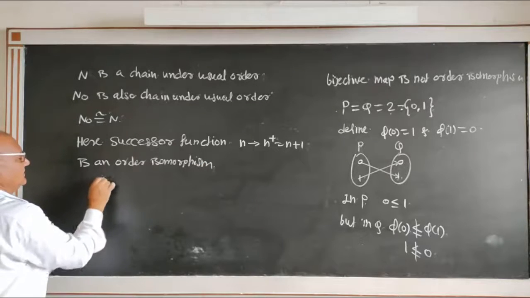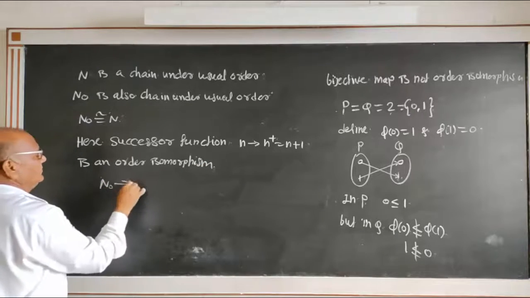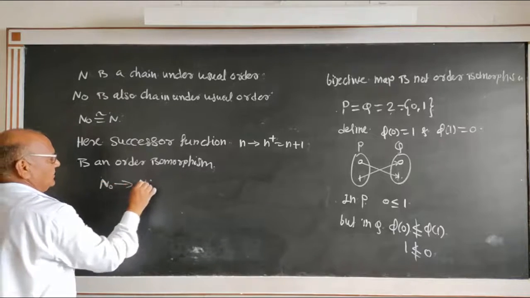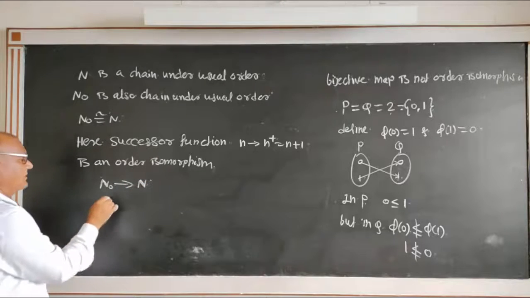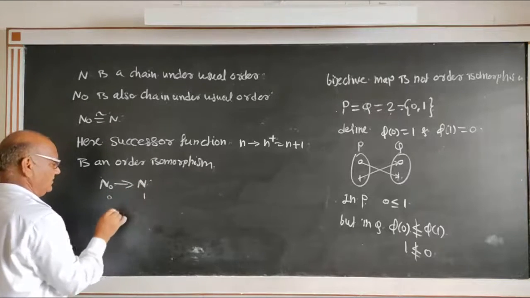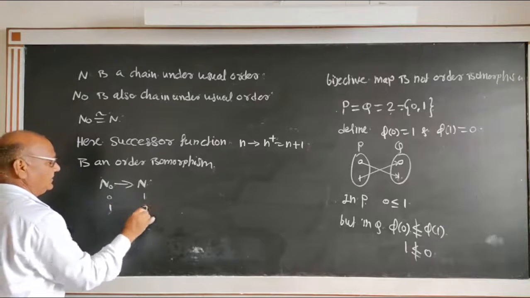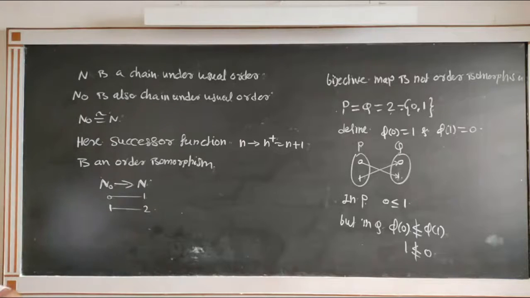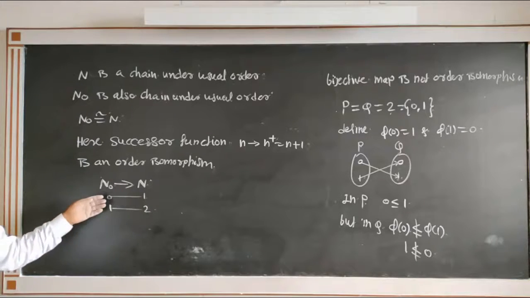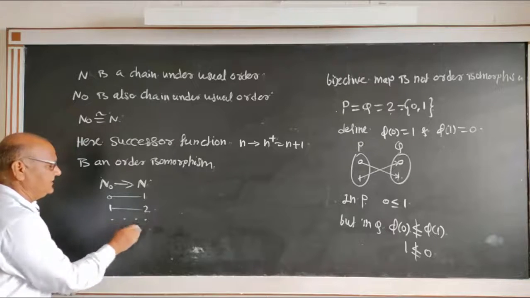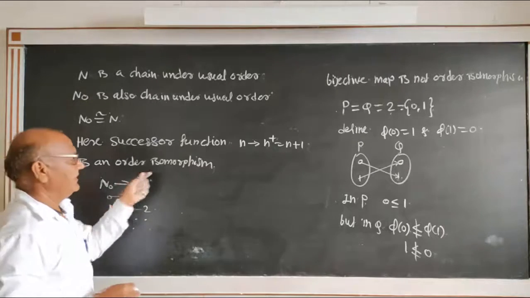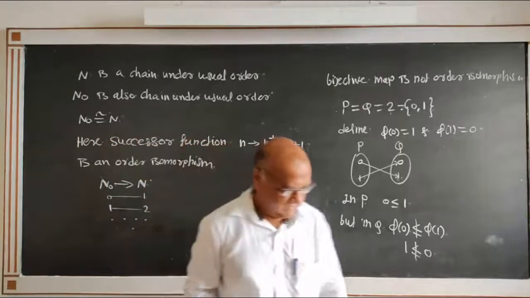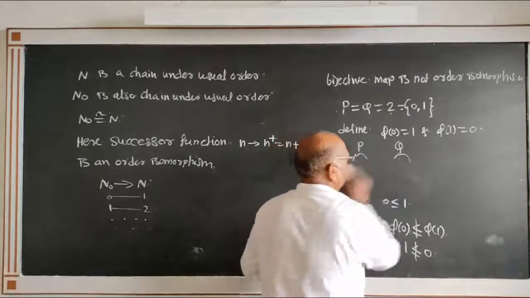That means N0 to N: here 0 related to 1, 1 related to 2, and this is isomorphic, and so on, like this. 2 related to 3. This function is called the successor function. Now, next example here.